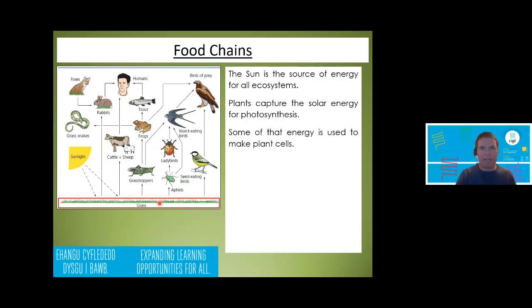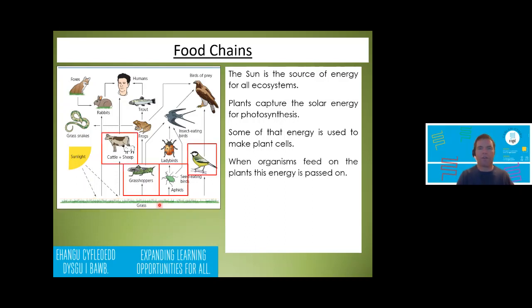Some of the energy that the plant has obtained from the sun is used to make plant cells, and that's particularly useful because it is those cells which contain the energy which is passed on to any organisms which consume that plant.